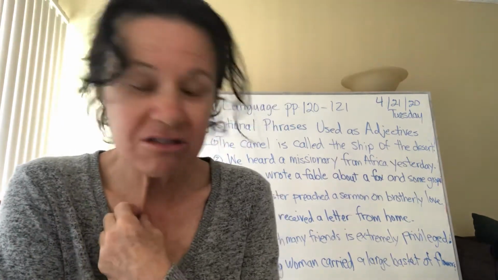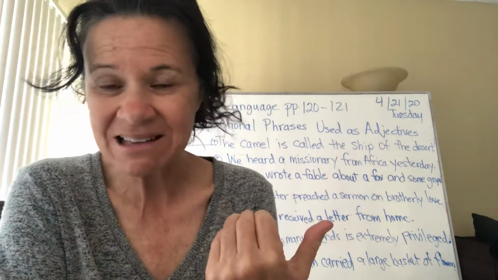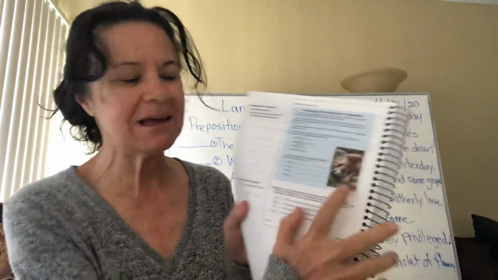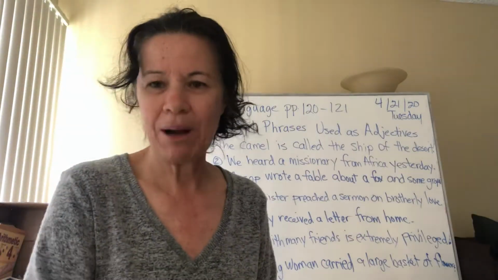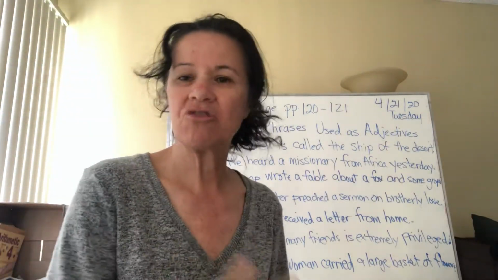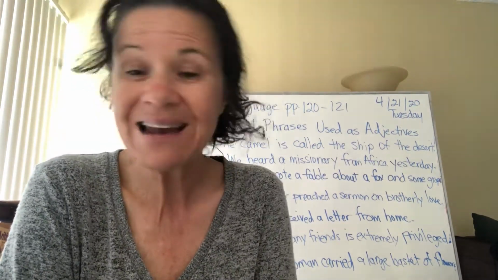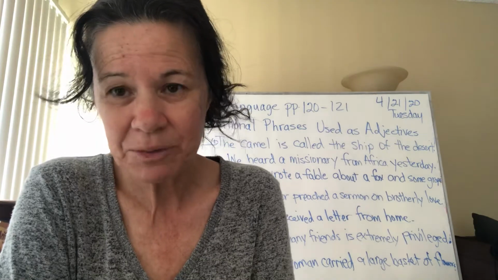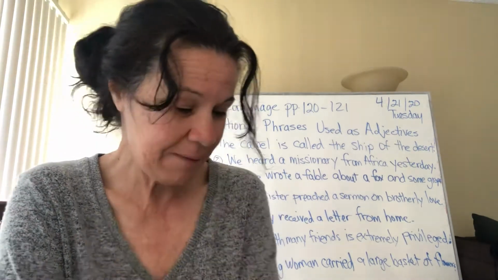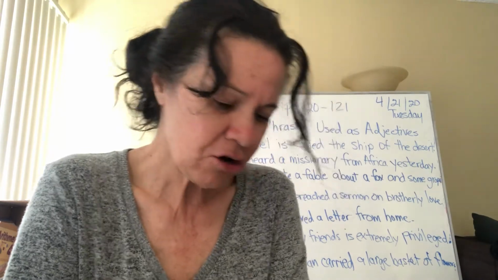You could say the dog beside the cat. It's sitting right there beside the cat. Beside the cat is your prepositional phrase. Beside is your preposition. Cat is your object. You could say the dog next to the grass. You can say the dog near the rocks.